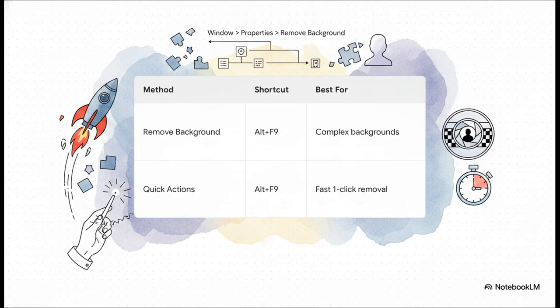Or if you want to be even faster, you can use the keyboard shortcut, Alt plus F9 on Windows or Option plus F9 on a Mac. These methods deliver fast, easy background removal instantly. They are brilliant when you want quick, automatic results, even if the background is somewhat complex. The AI basically analyzes the focal point and just handles the whole shebang. But as amazing as it is, we all know AI isn't perfect for every single situation.